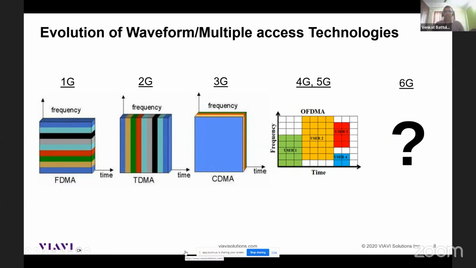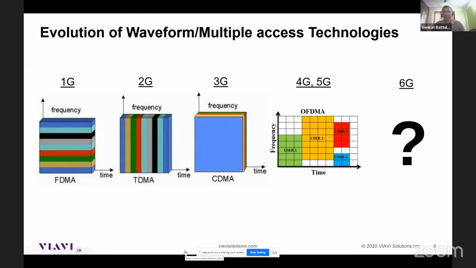You can see the technology has evolved over the last 30 years, from first generation and second generation wireless into 3G, 4G, 5G, and 6G. The important thing is the waveforms and how the resources are being used, which suggests multiple access technologies.